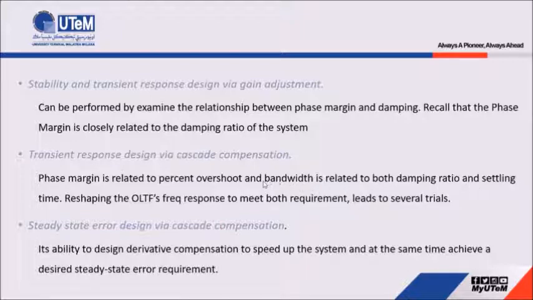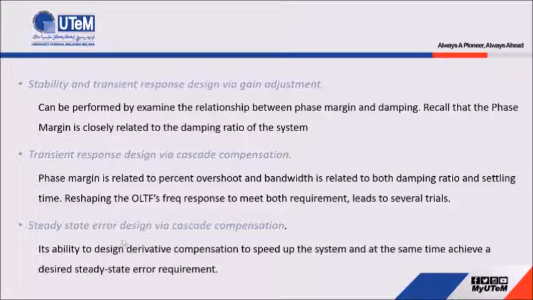Based on the bandwidth that we get from the Bode plot, we can find these parameters, which are damping ratio and settling time. Reshaping the open loop transfer function's frequency response to meet both requirements leads to several trials. In this case, we have to reshape the open loop transfer function frequency response to meet both requirements, damping ratio and settling time, for this stability and also for this transient performance.